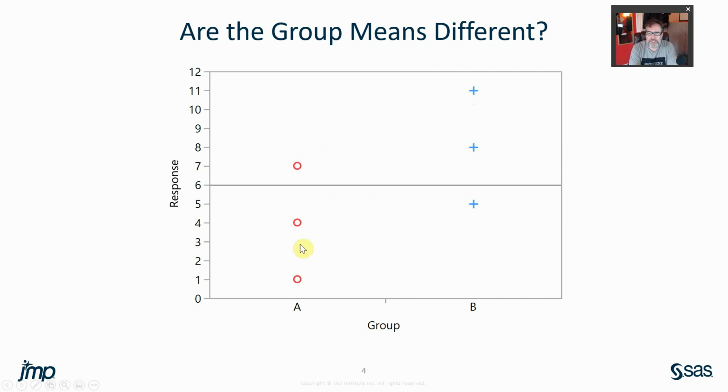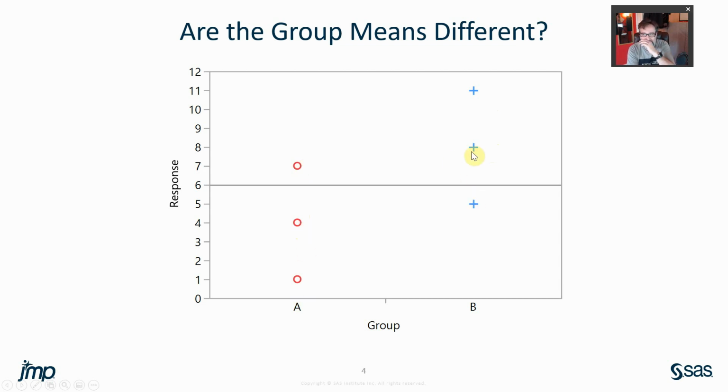Now, we're suggesting here that whether you're in A or in B has an impact on these responses. From this very small sample, you could argue that the sample means are different. In this case, 1, 4 and 7 adds to 12, divided by 3 equals 4.